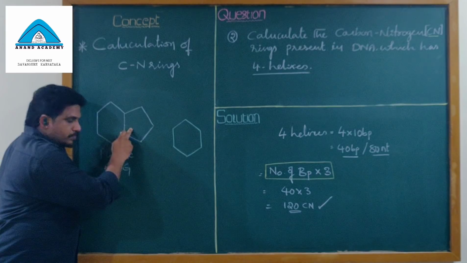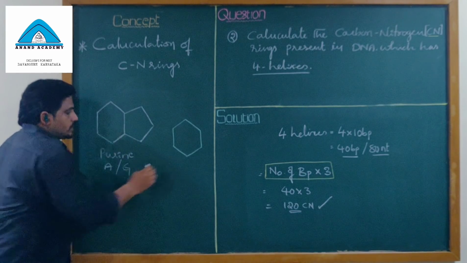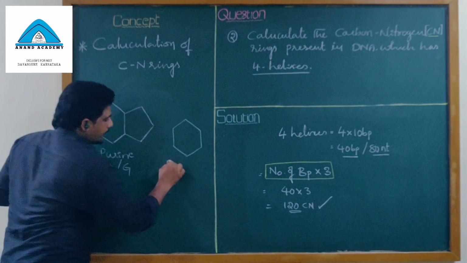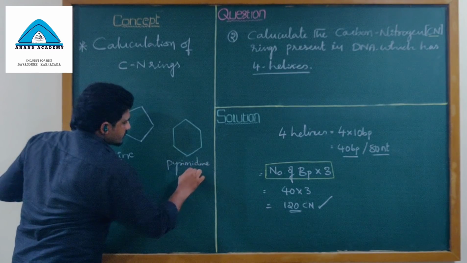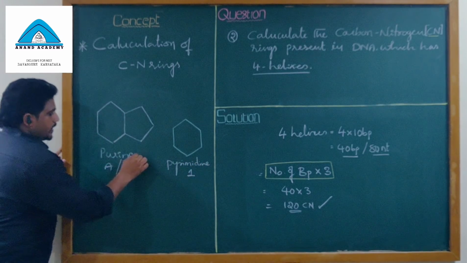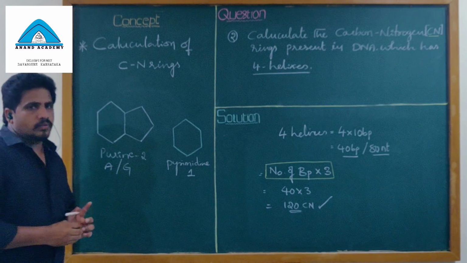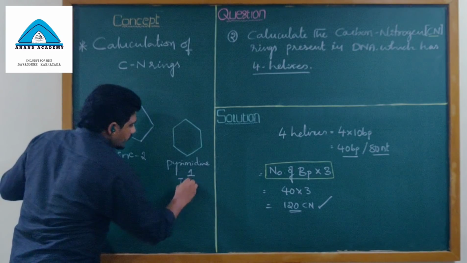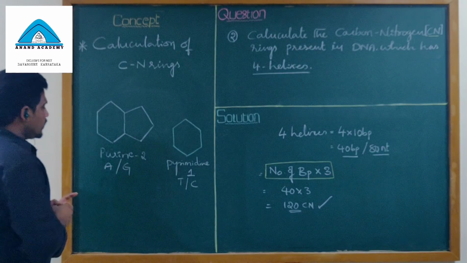So the number of rings present in adenine or guanine is 2. The number of CN rings, carbon nitrogen rings, in any pyrimidine is 1, and in any purine, 2. Adenine or guanine, 2. Thymine or cytosine, the number of CN rings is 1.